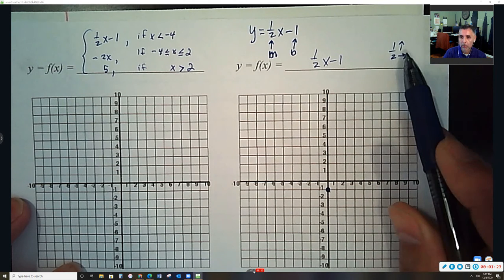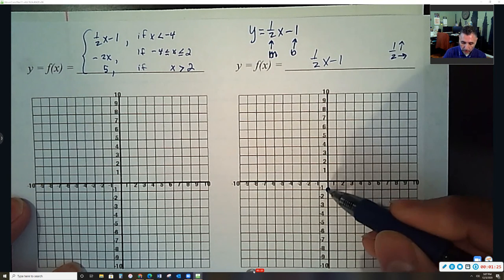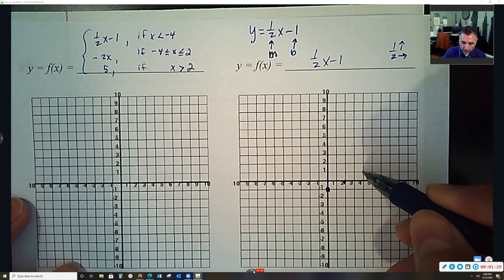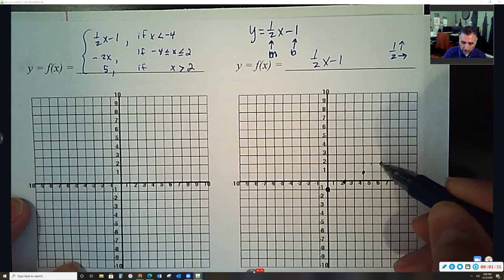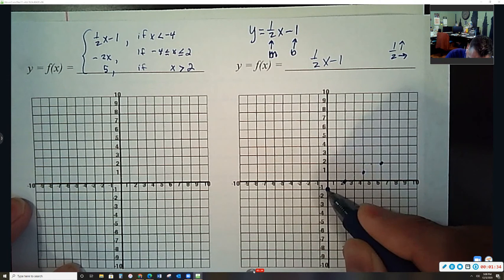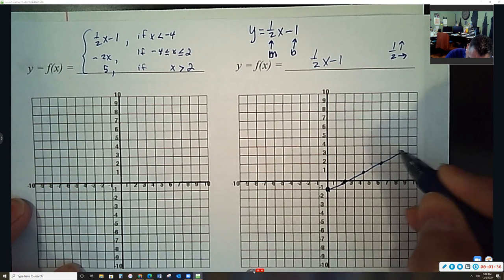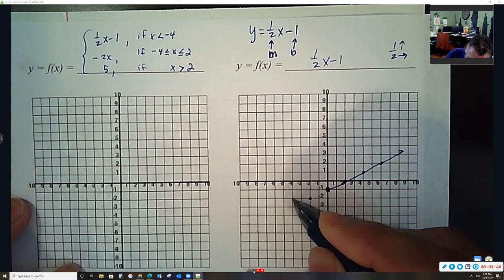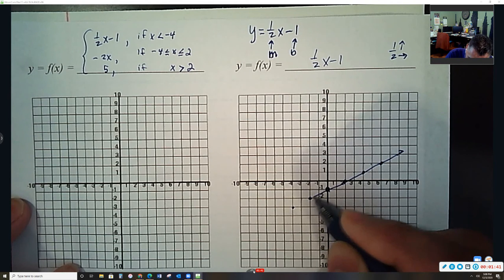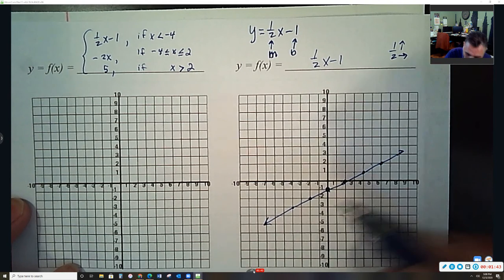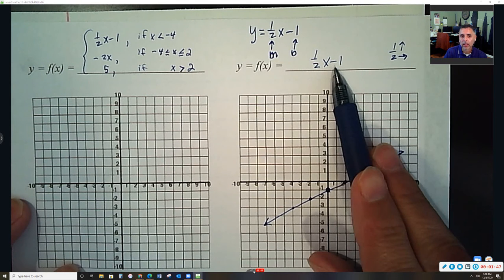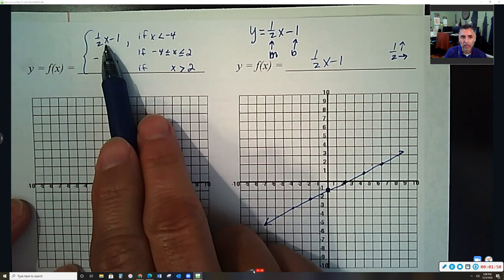The slope is rise over run, so I go up 1, 2 over, and you can do that as many times as you need to find more points. You can go in the opposite direction also. So that's the first part of the function, 1/2 x minus 1.